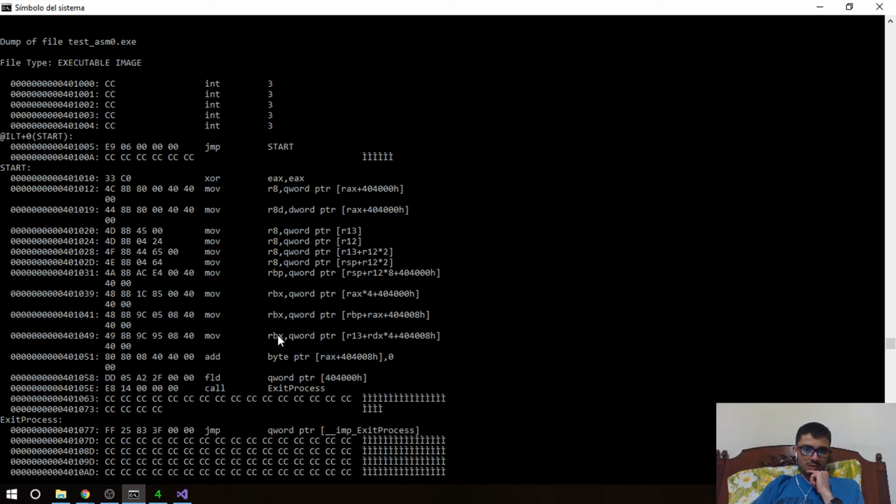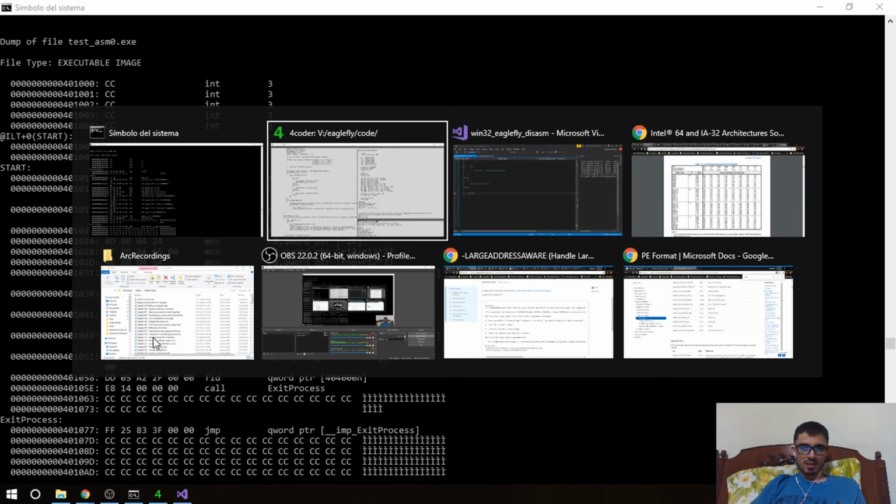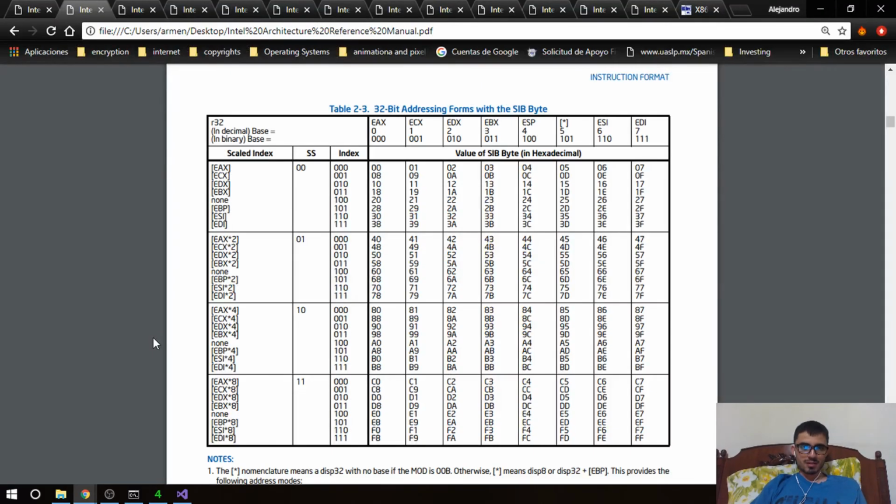We're checking for RBX, and we have a displacement 8, so that's going to be the same. This is 95 on the SIB. 95 on the SIB means that we are using EDX times 4, that's correct.